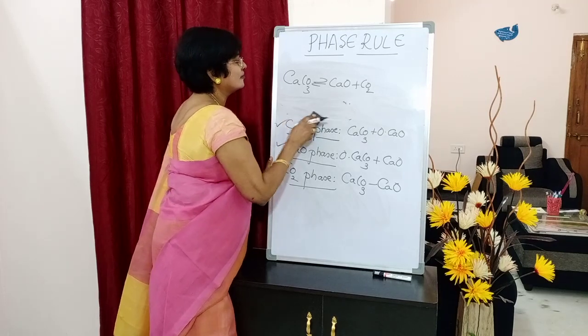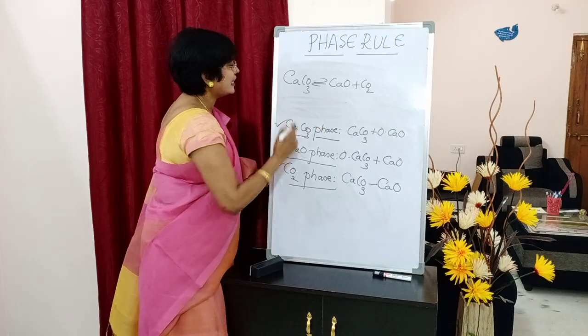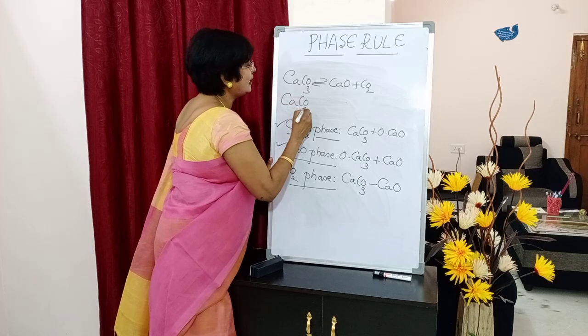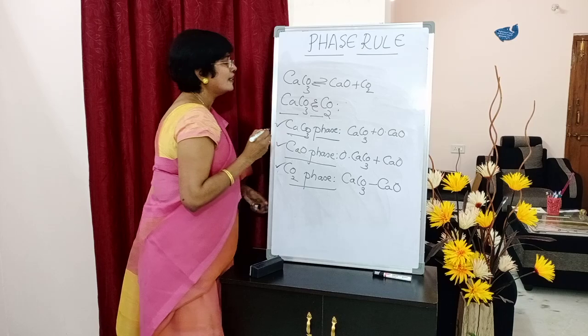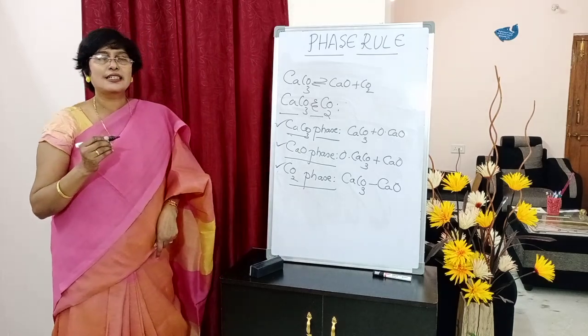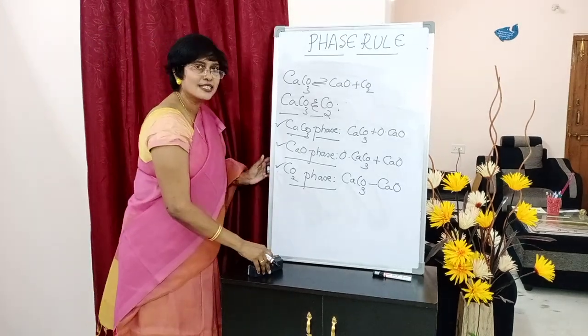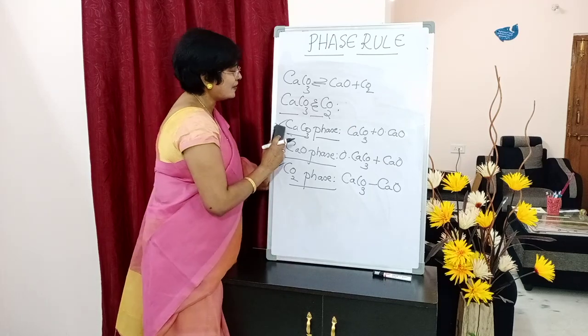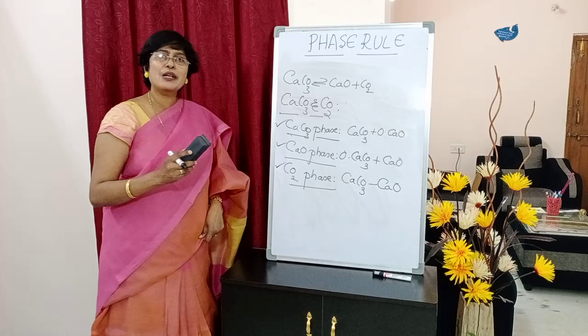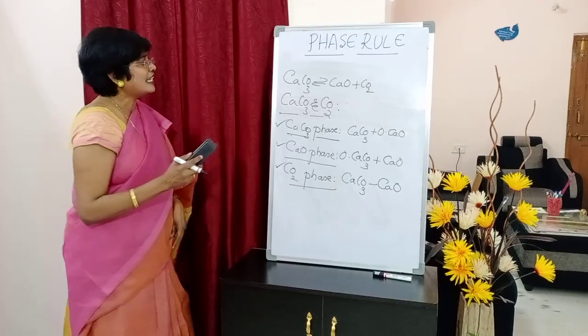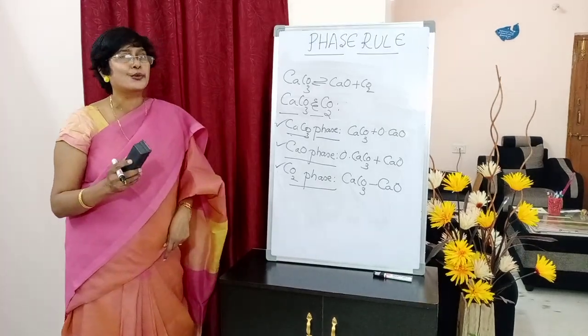Next set. Second set, CaCO3 and CO2. Okay, write down. Second set of chemicals, CaCO3 and CO2. Okay, ready students? Now, first, CaCO3 phase. So, how will you explain calcium carbonate phase taking CaCO3 and CO2?